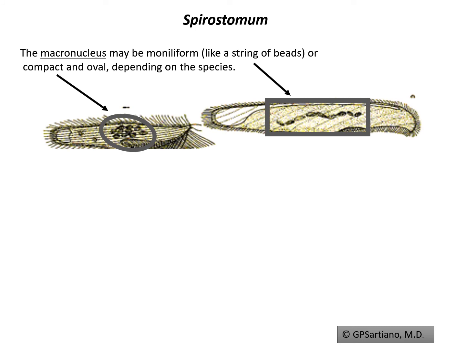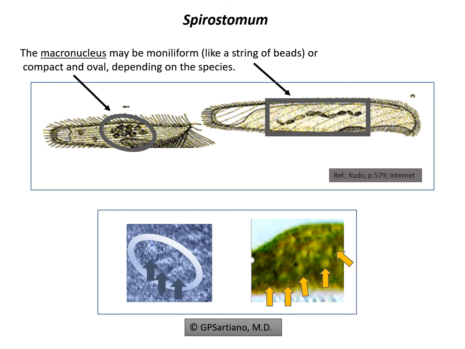The macronucleus may be moniliform, like a string of beads, or compact and oval, depending on the species. In the frames below, note the bead-like structures of the macronucleus.